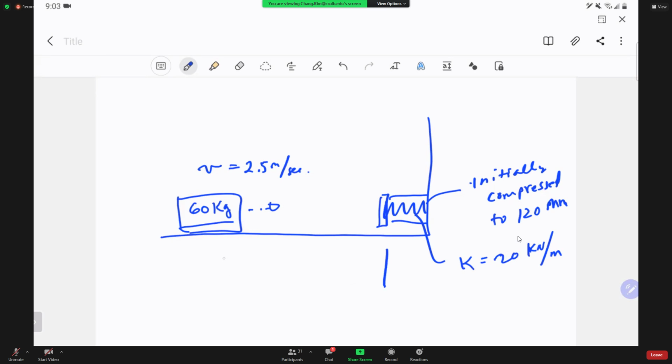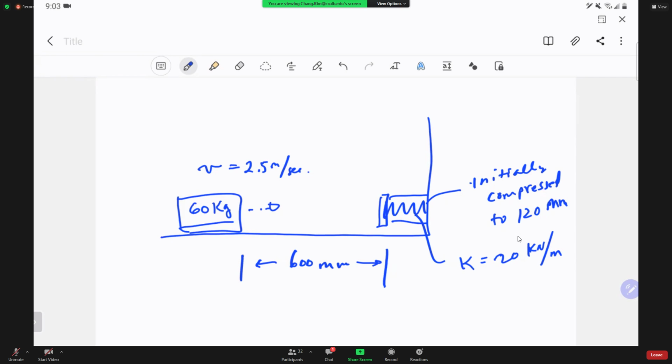From here to here, the distance is about 600 millimeters. We want you to find the velocity.